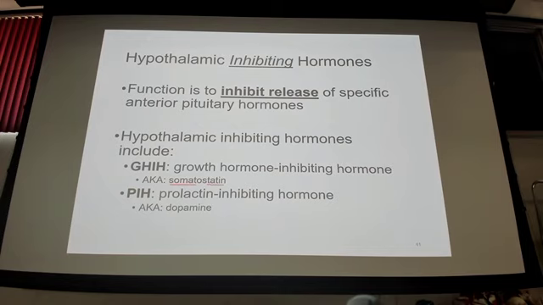So, somatostatin: we're going to stop the release of growth hormone. Dopamine doesn't have that nice little way to remember it, but prolactin inhibiting hormone is dopamine. I wish there was an easier way to remember that, you just have to put those two together.